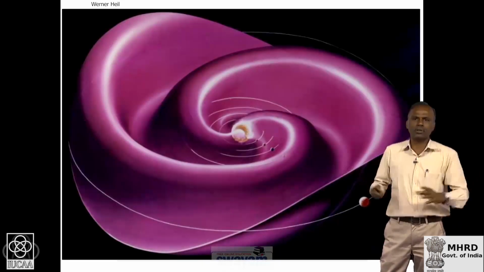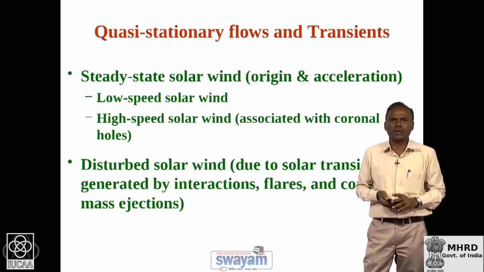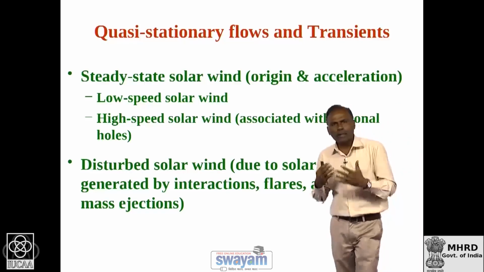So, this shows the typical current sheet from the center of the sun to about 1 AU. This gives the warping of the magnetic current sheet as we go from sun to earth distance.